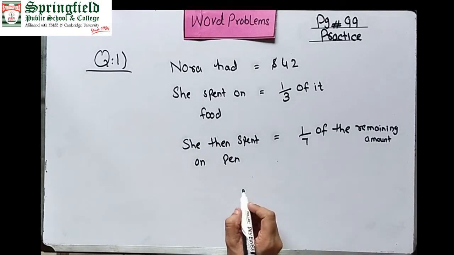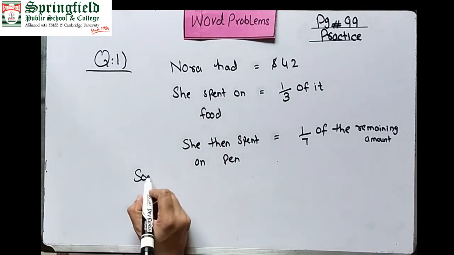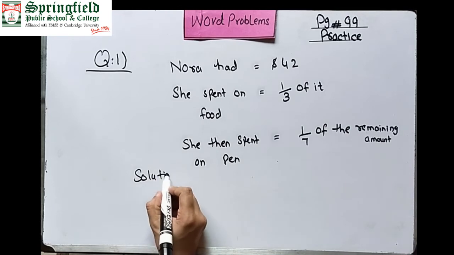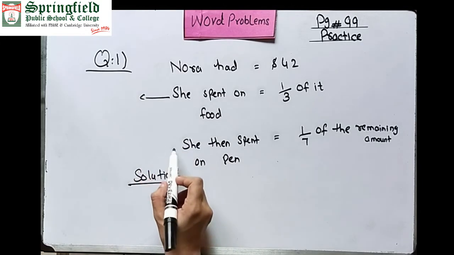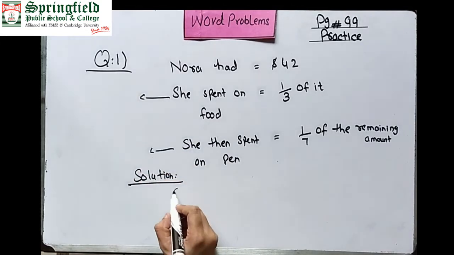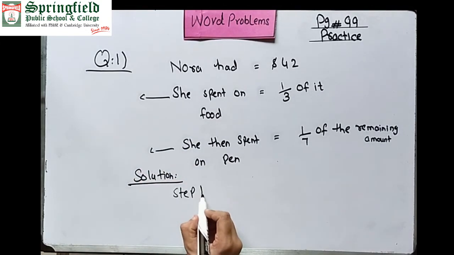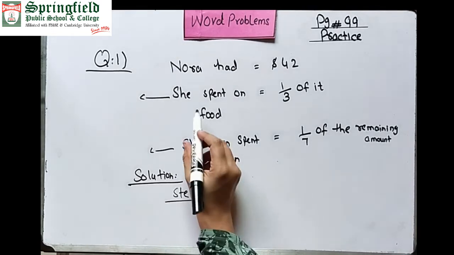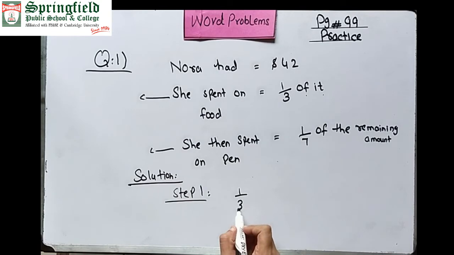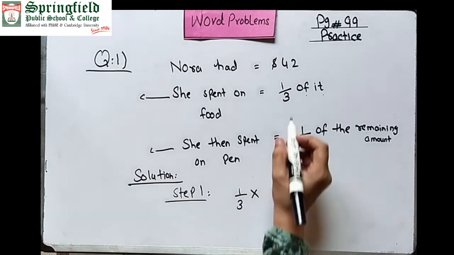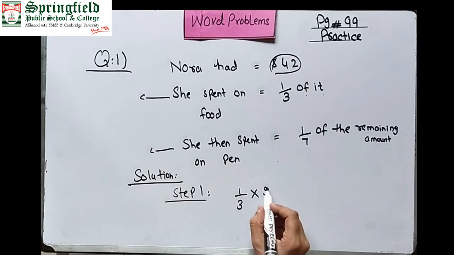Okay, now come to the solution. There are 2 steps. Step 1, she spent 1/3 of it. 1/3 of means multiply this amount, $42.